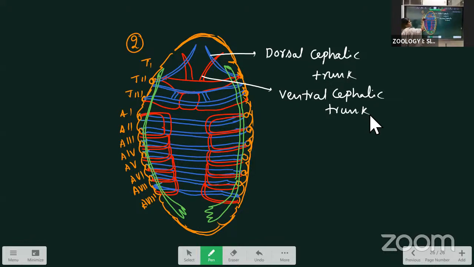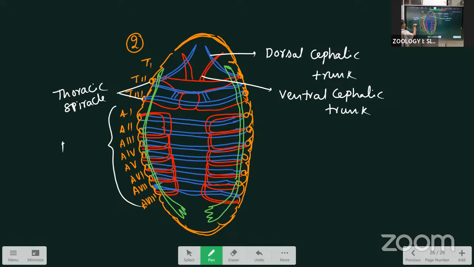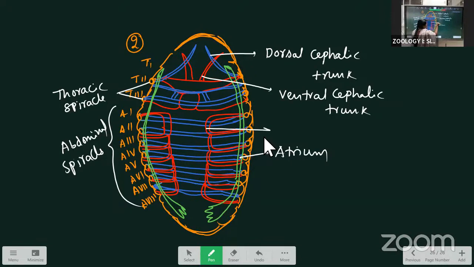Here, next, these are the thoracic spiracles. Next, these all are the abdominal spiracles. The space they enter inside we call the atrium, also called atria. Next, this one is the ventral.